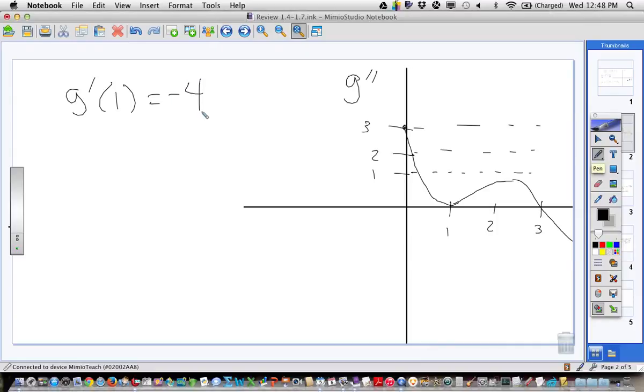All right, now let's back up just a second. The other class had a question about 19, so maybe some of you have a question about 19. Ranking these 4 numbers. Now the key is they ask about G prime of these 4 numbers. Here's all you need to know. You want to know about G prime, they give you G double prime. G double prime is what? The slopes. These Y values here are always positive, except right there where it's 0, but they're always positive.